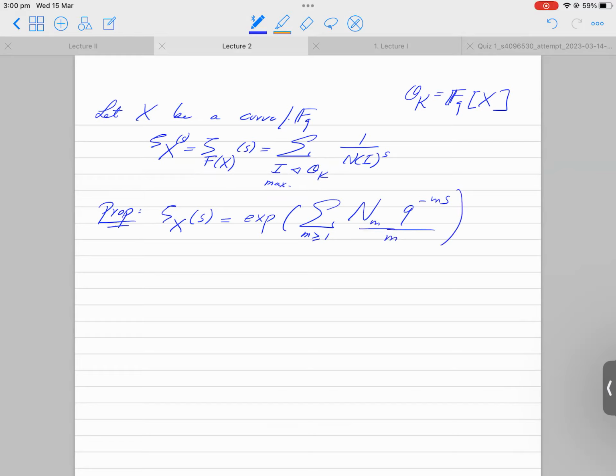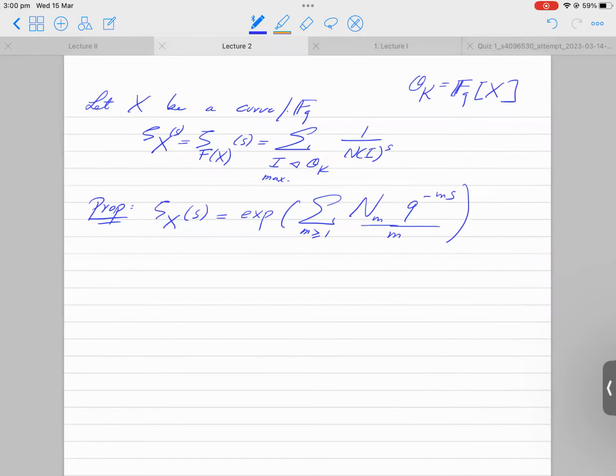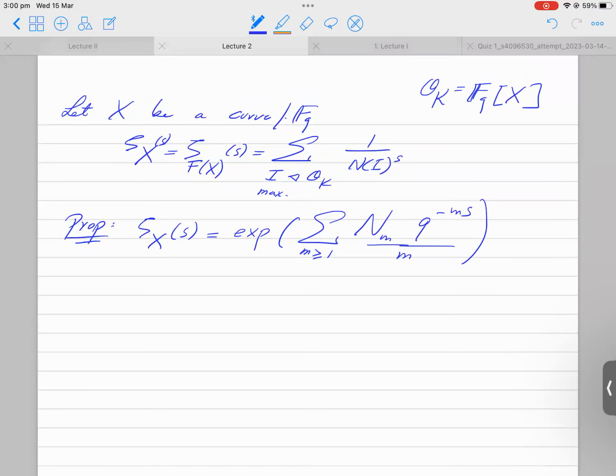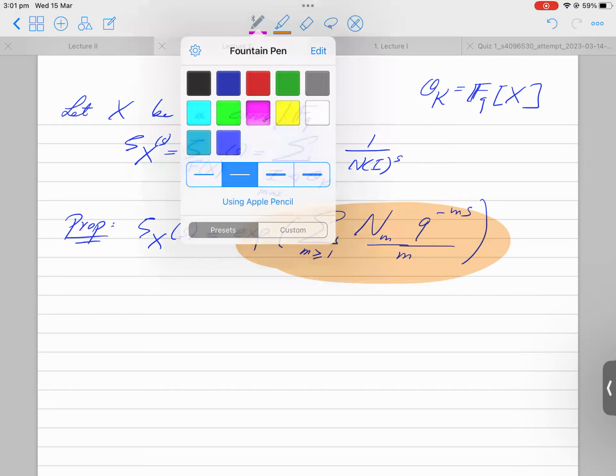Now, when you first look at this, it looks strange. When you look at references on the zeta function, many people just define the zeta function this way. You count the number of solutions over finite fields, and you put it in a generating series. That's what it is, right? So let me actually write that.